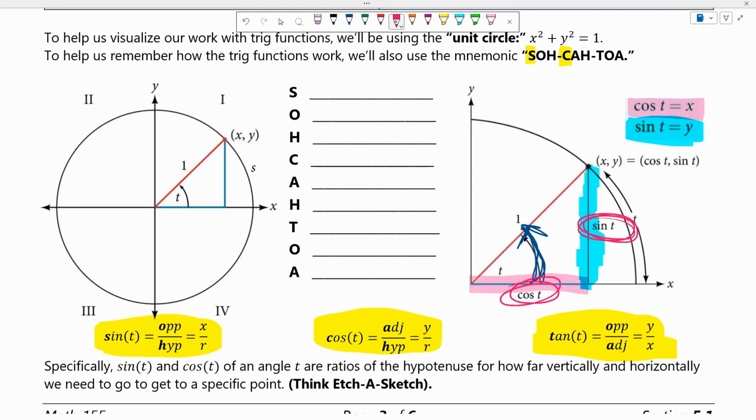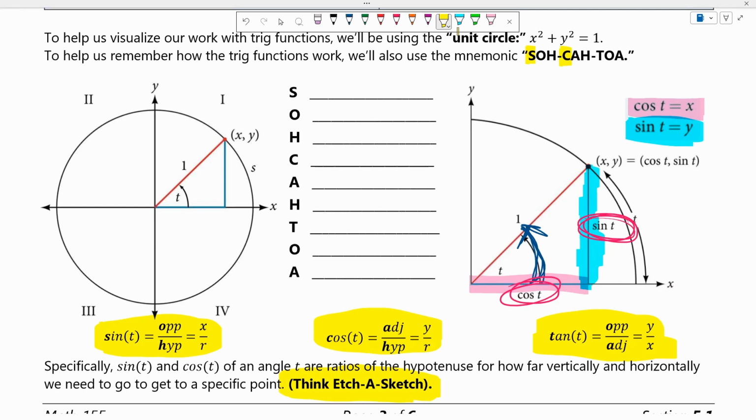The closest thing I can think of to put this into your brains is an old toy from way back, maybe when you were 5 or 6 years old. Picture this: you go to Toys R Us, you go to Target, you go to the kids section, and there was a toy in there called an Etch-a-Sketch.